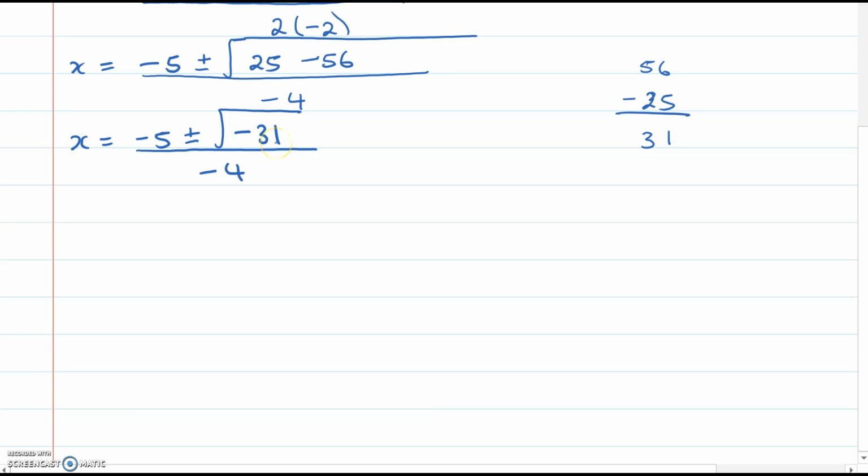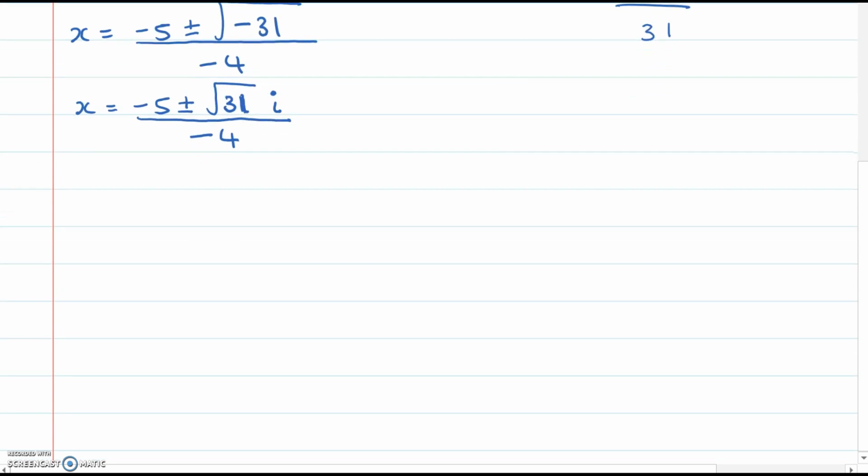Well, we've got the square root of a negative number here. Square root of a negative number, we replace the negative sign with i. So it becomes X equals minus 5 plus or minus the square root, make it positive, 31, and then put an i outside the square root sign, over negative 4. When we have complex numbers like this, it's quite common to split the fraction into 2 parts.